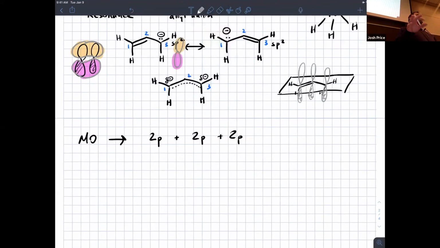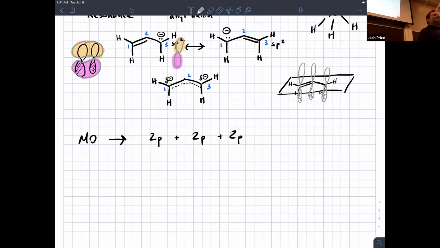So what this means is we can think about what's going on with those p orbitals above and below the plane without worrying about the sigma bonds that are in the plane. And this is a useful simplification. So instead of having to think about what happens when you take orbitals from all however many atoms there are in that molecule, we simplify it. We say, okay, we know sigma bonds. They're sort of boring. Let's think about the remaining p orbitals that are on each of those carbons coming in and out of the plane.